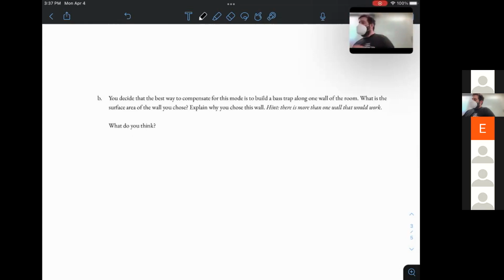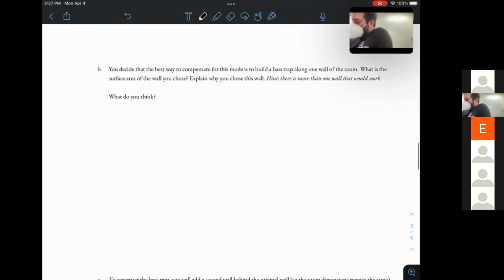Okay, so I don't think we talked about this in class, and I'm curious what you guys think, and I want to talk this through a little bit. So let's start here. Let's go back to strings for a second. So I've got this string, right? And this is the n equals 2 mode of this string. Single sine wave, yeah?